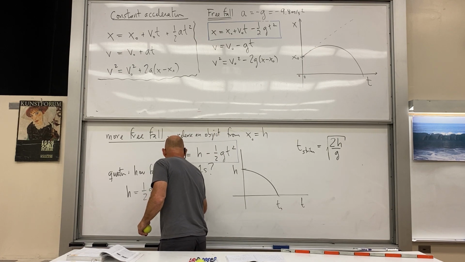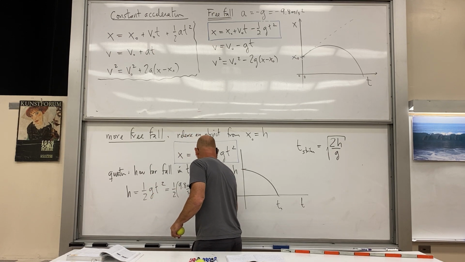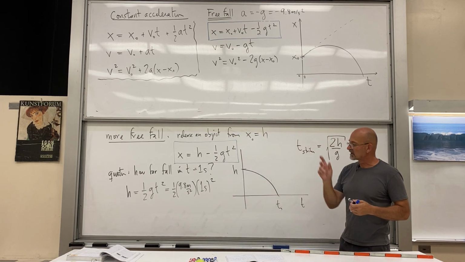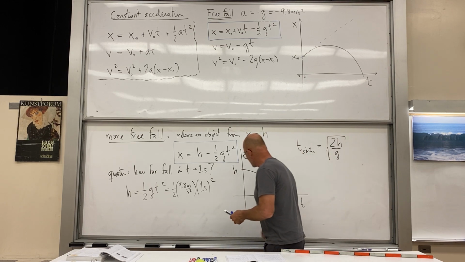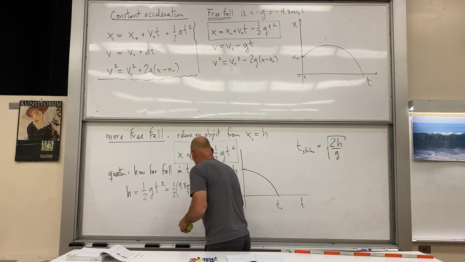1/2 times 9.8 meters per second squared, times 1 second, the quantity squared. So being able to plug numbers in correctly is important as well. And I'm even going to illustrate this one a little differently. 1 second the quantity squared.